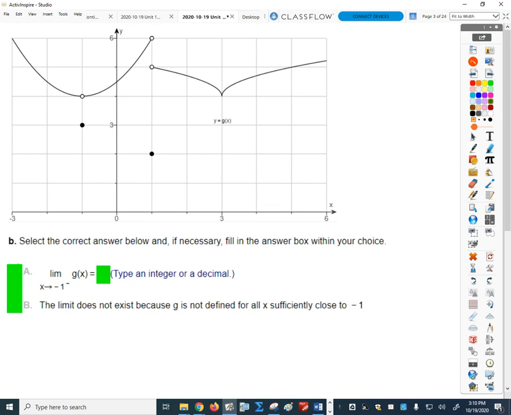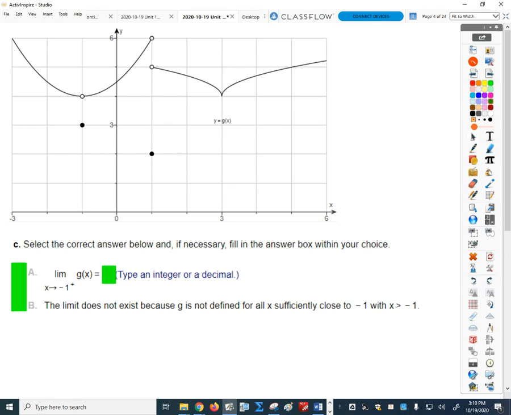What's the limit of g of x as x approaches -1 from the left? Well, that's as an ant is walking down the function towards -1, and he anticipates stepping on a value of 4, you can see.